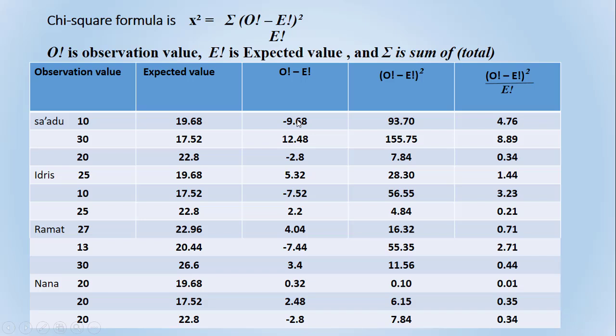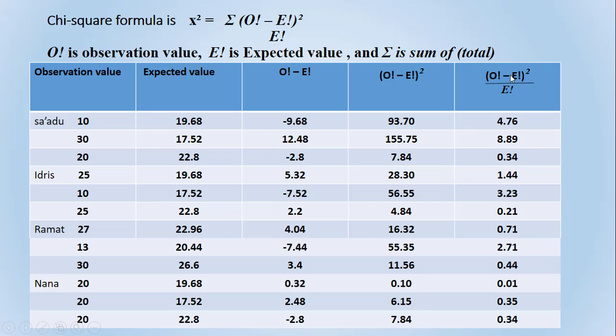So also 12.48 times 12.48 will give you 155.75, and minus 2.8 times minus 2.8 will give you 7.84. So also 5.32 times 5.32 will give you 28.30. That is how I got all the figures here. So work out the rest and see if your figures are in line with the figures I got here.